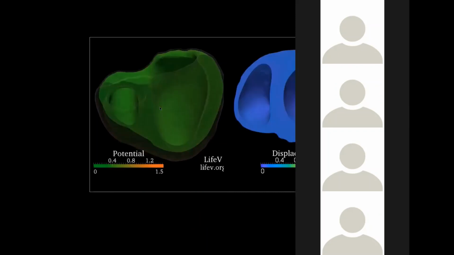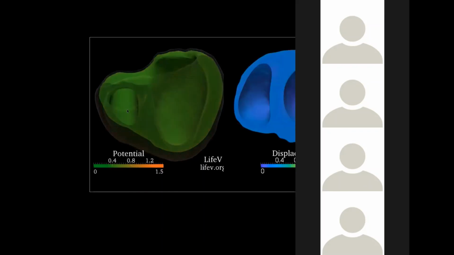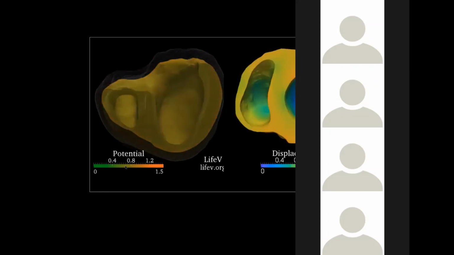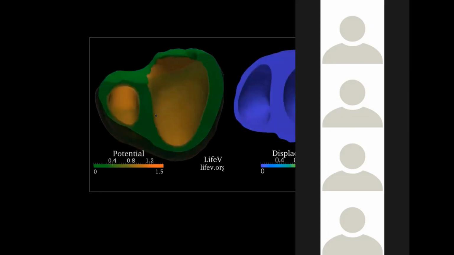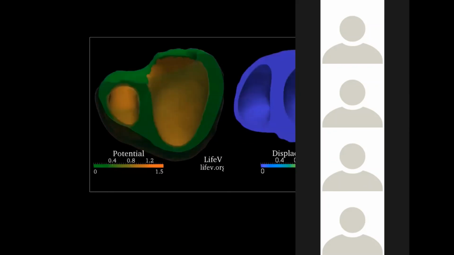So that is the contraction of a biventricular geometry. So you have the left ventricle, the right ventricle, and what we are observing here is the electric potential, how that propagates through the tissue, and how the contraction occurs. So these are the magnitude of displacements, so how much deformation you observe in the tissue.